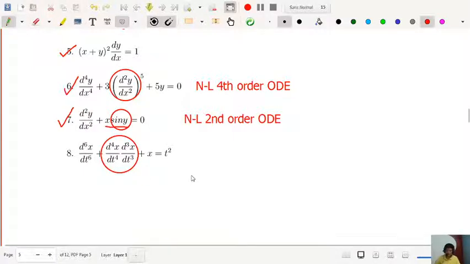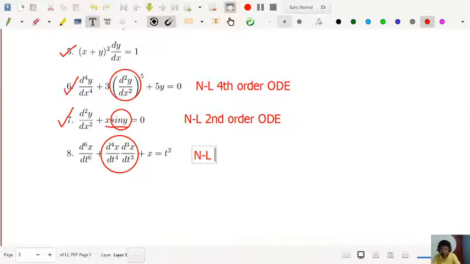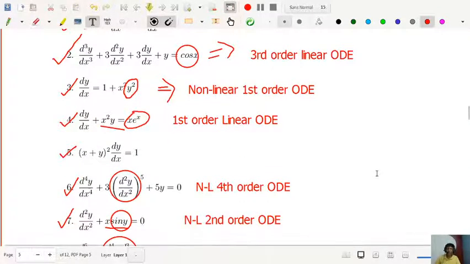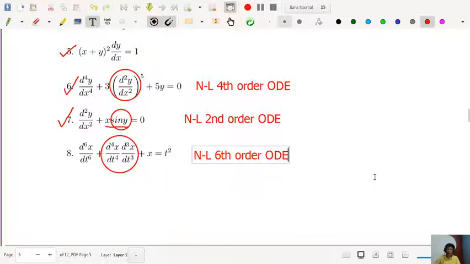So this is a nonlinear sixth order ODE, because the product of these is actually a nonlinear term.